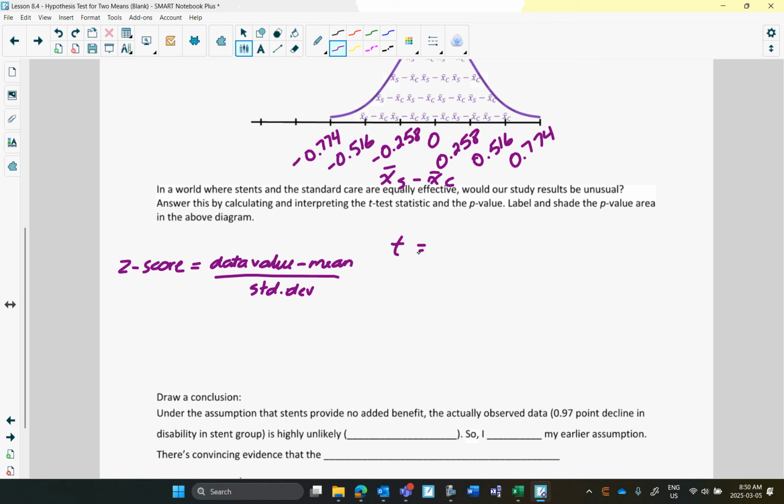And our data value is going to be the difference we got in our sample. So it's going to be the average stent disability score minus the average control disability score. And then we're going to subtract the mean, which up here is 0. So it's what we got under our null hypothesis.